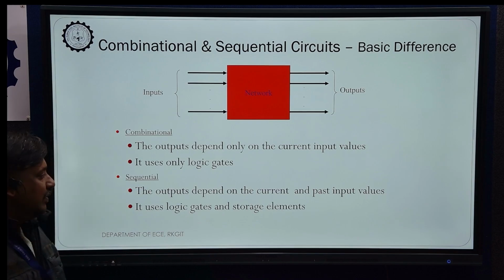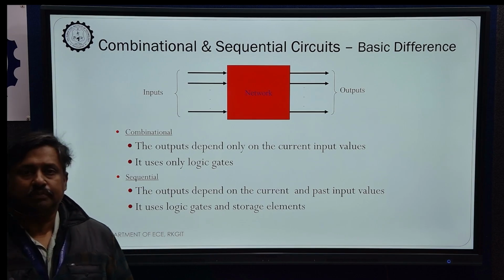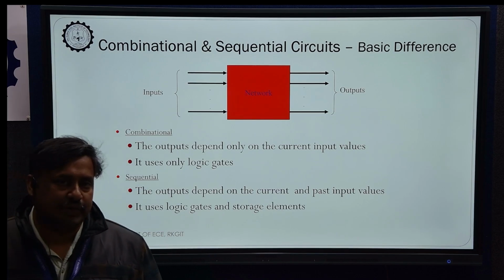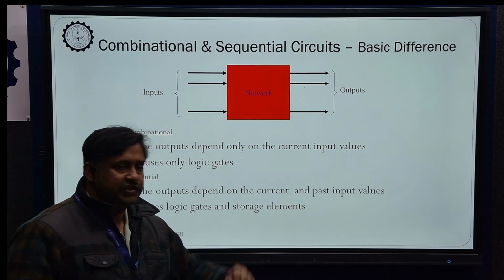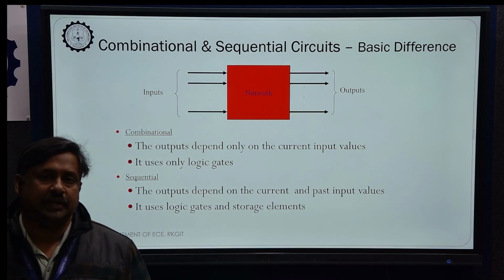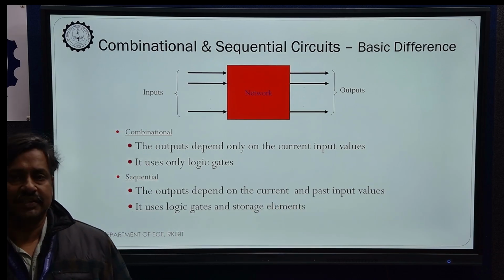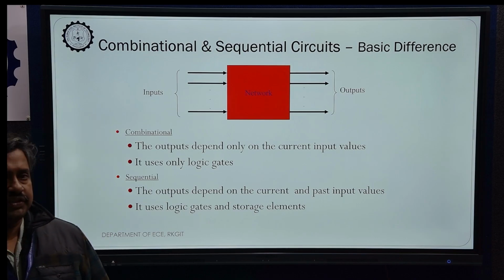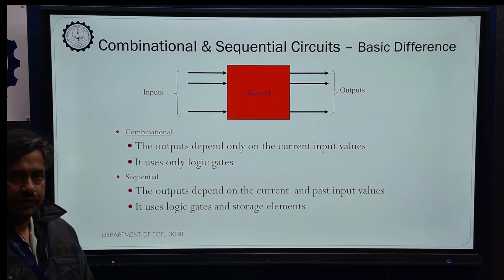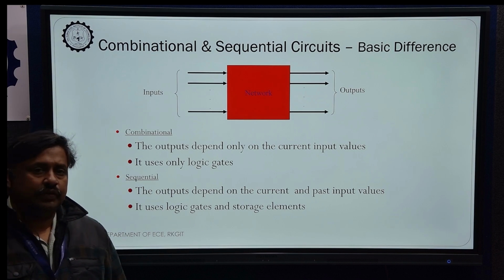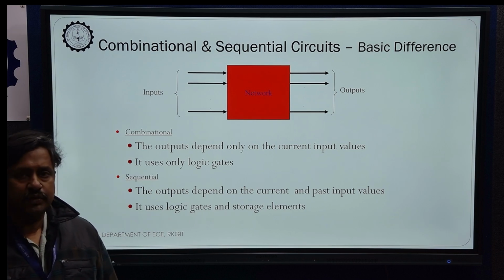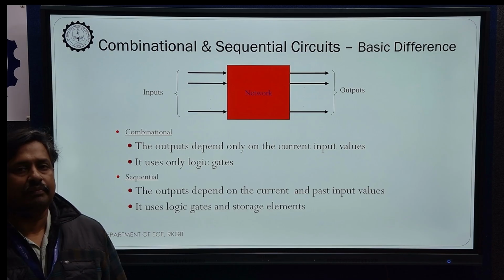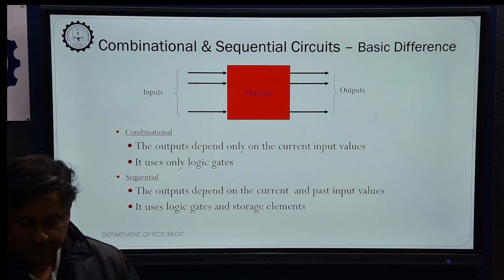So it will be implemented not only with logic gates but also with storage elements, because of the term past input values. If we need past input values, we need some storage elements. So that is the basic difference between combinational circuits and sequential circuits. The sequential circuit has a memory element as a feedback.